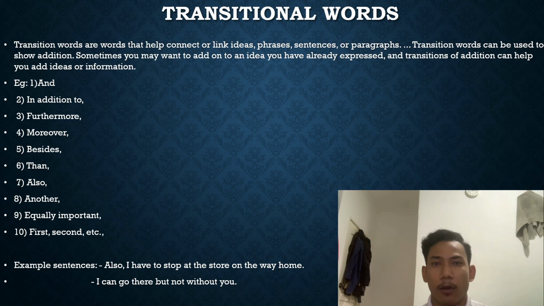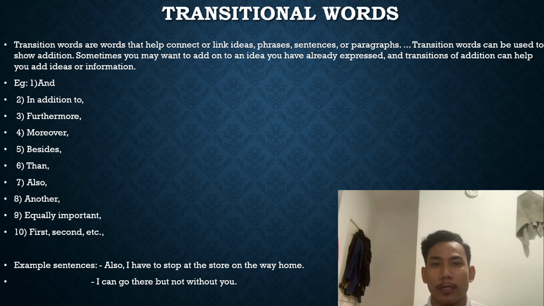The examples of transition words, as I stated in the slide, there are 10 of them. The first one is and, then in addition to, furthermore, moreover, besides, then, also, another, equally important, first, second and so on.